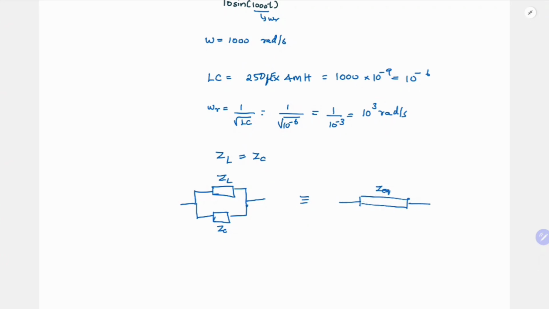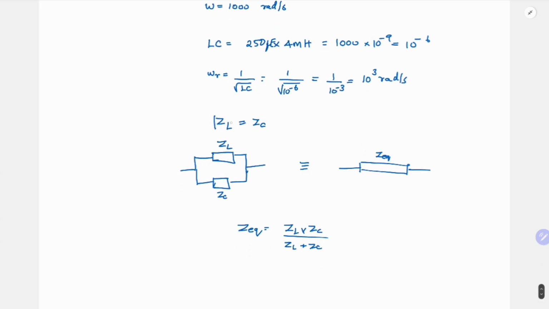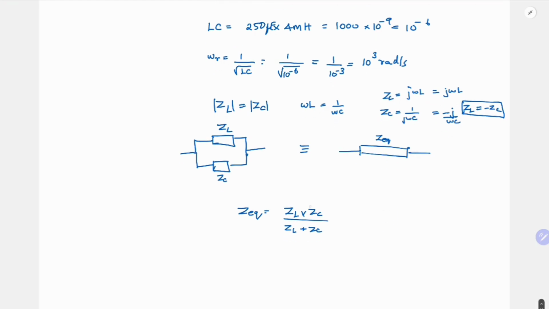Z equivalent is ZL into ZC by ZL plus ZC, right? So they are equal in terms of magnitude. Your omega L is equal to 1 by omega C. But the ZL itself is j omega L and ZC is 1 by j omega C. So this is nothing but j omega L and this is minus j by omega C. So effectively ZL is equal to minus ZC when you also take the phase into account.